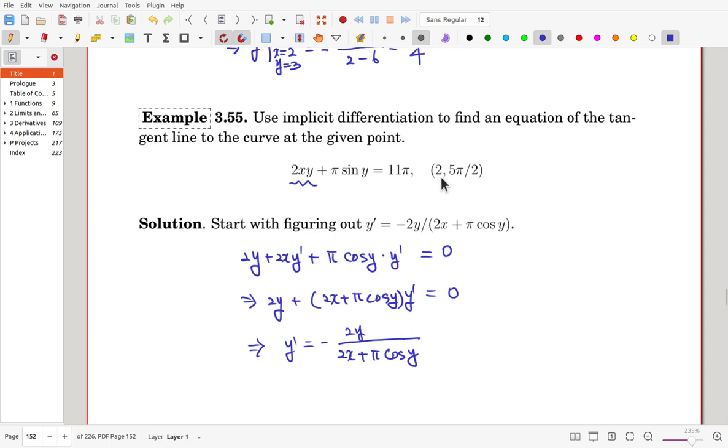Okay, now we have to evaluate at x equal to 2 and y equal to 5 pi over 2.